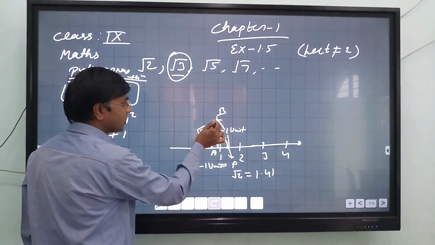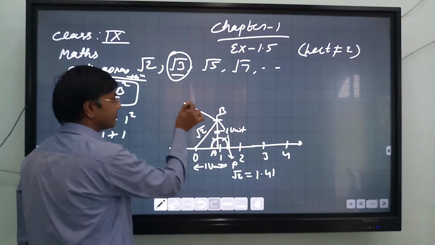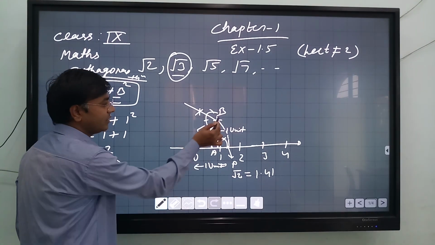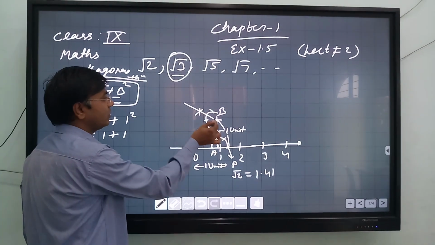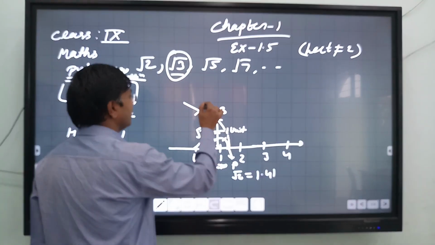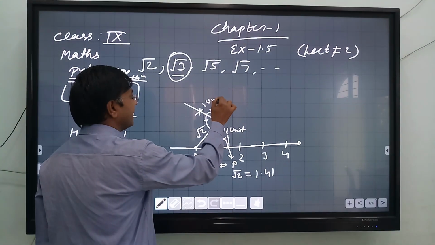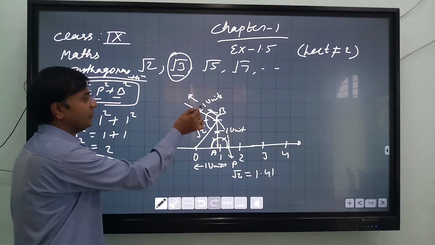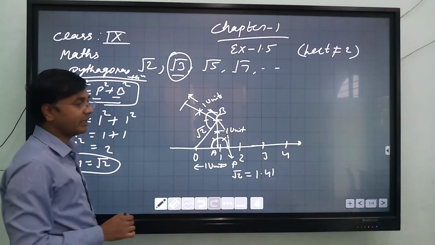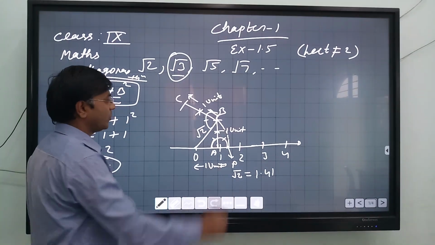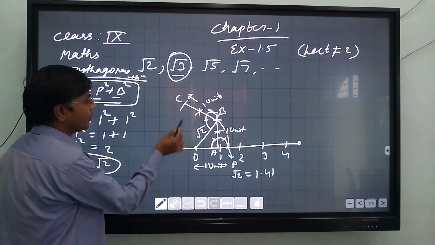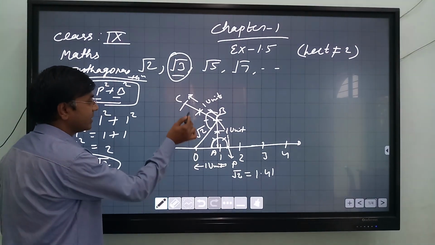So now at this point B, on this side OB, draw a right angle, and this will be 1 unit. Cut an arc, this is the point C, and this BC is 1 unit.